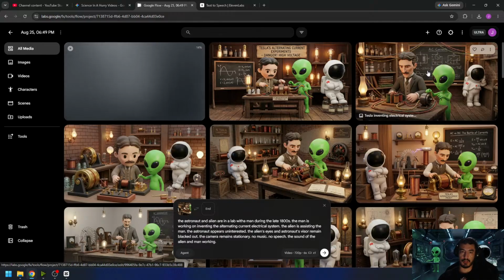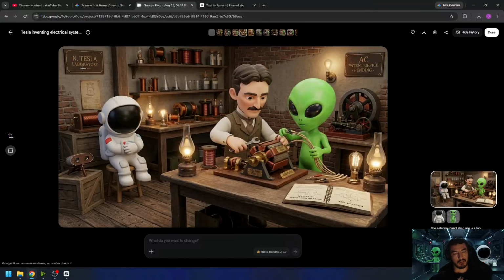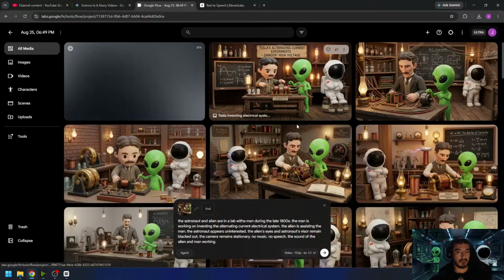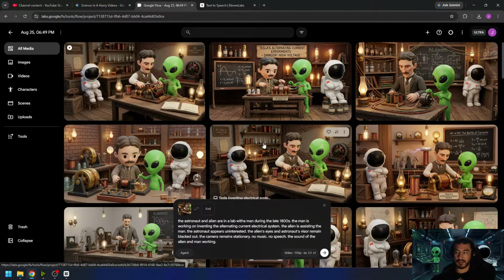And it could also be, if you look at the image, sometimes it'll detect if the person's name is printed somewhere. So here we have Tesla Laboratory. So it can put two and two together that this is supposed to be Tesla, and it'll flag it that way. So sometimes I've had to edit the images if there's a plaque or a name to remove it. But in this case, it looks like it worked. Let's watch it.